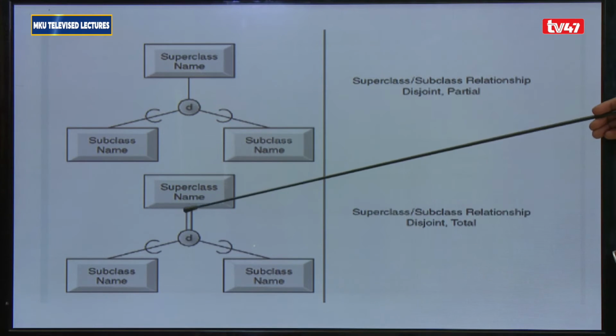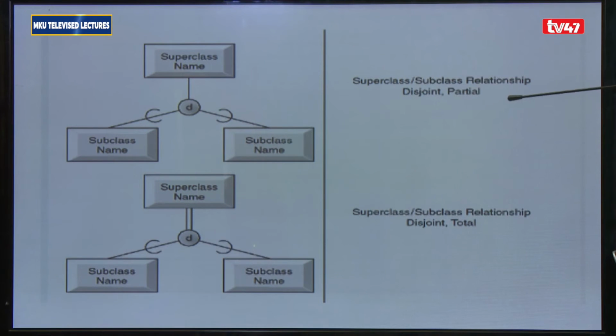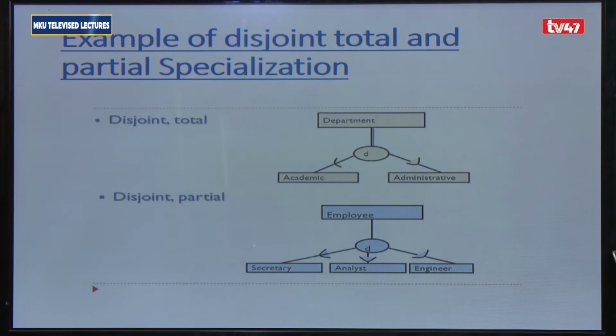The double lines for the one below is mandatory. So this is disjoint partial, and this is disjoint total, which can also be referred to as disjoint mandatory. I want us to look at examples of those two scenarios, disjoint total and disjoint partial.